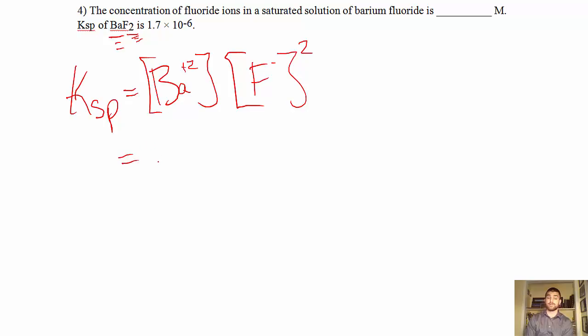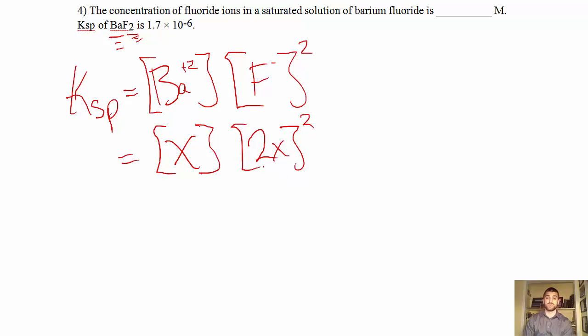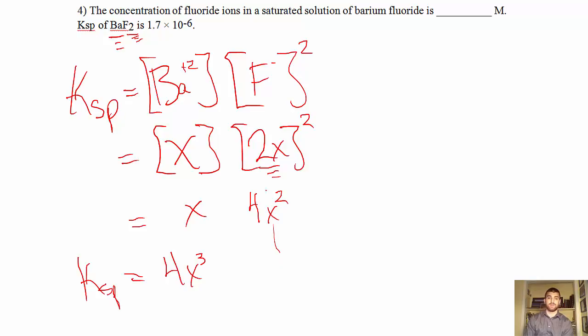So if I'm dissolving x amount of barium fluoride, I'm going to get x amount of barium, and I'm going to get 2x amount of fluoride ion. So x is to the first power, and this 2x is squared. When we square 2x, we end up with 4x squared. We've got x there, so we end up getting the KSP equals 4x cubed.